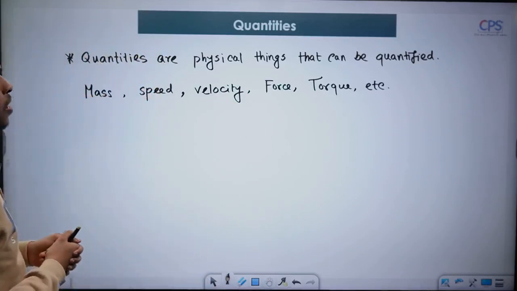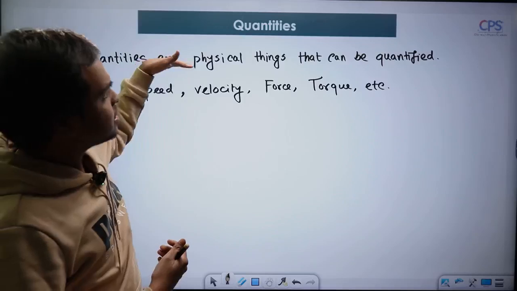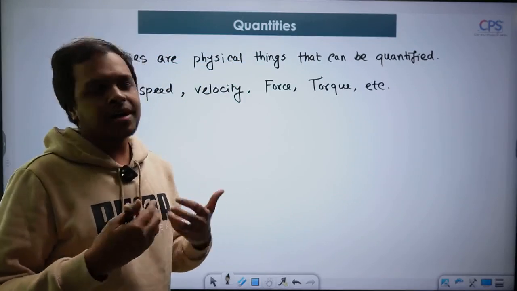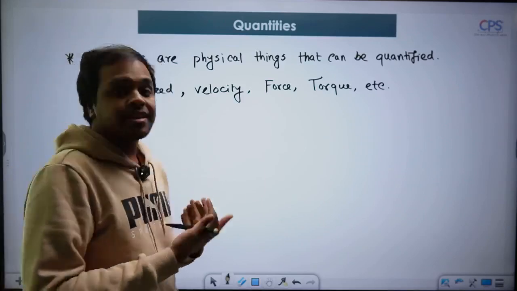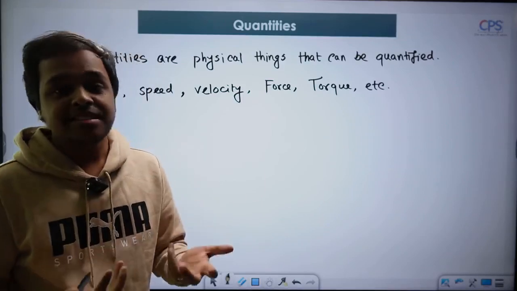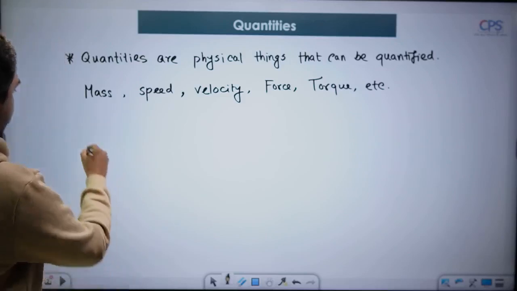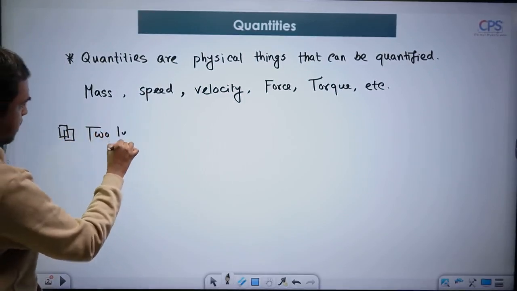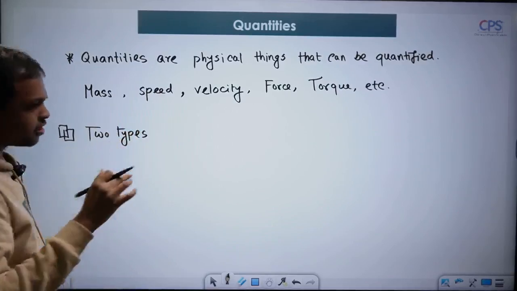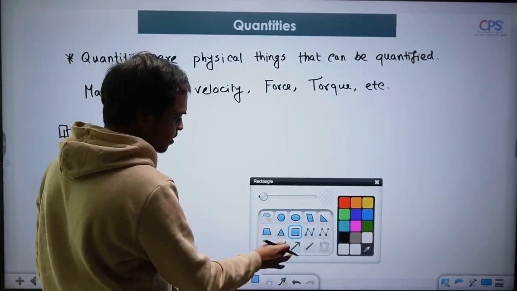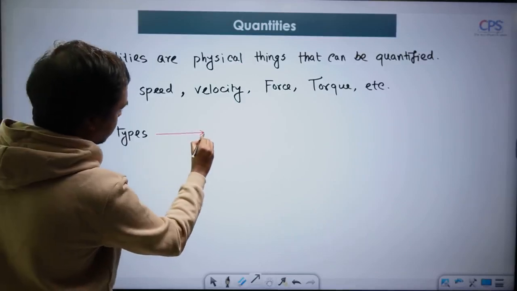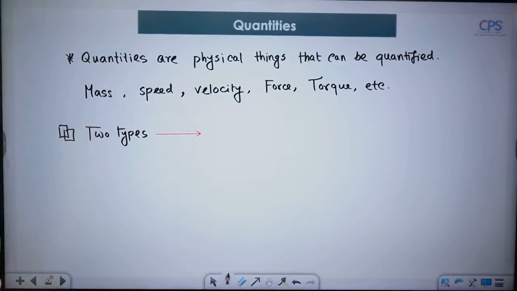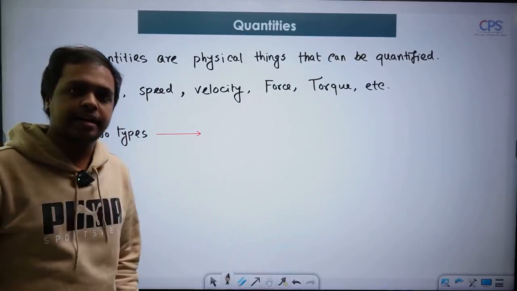So then what are quantities? We just gave them a definition, but what are their classifications? There are two types of quantities. I'll be clearing each of them. Let's start with those quantities that have only a value, not a direction.